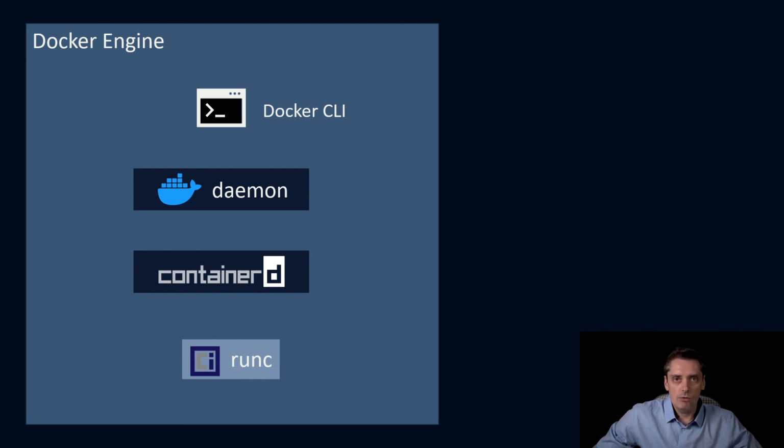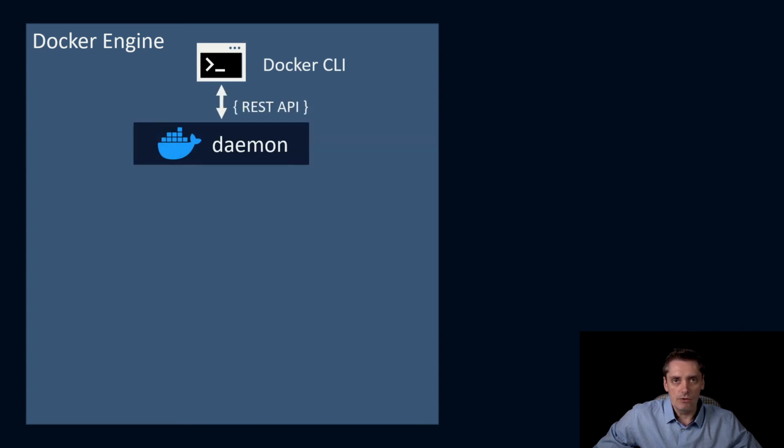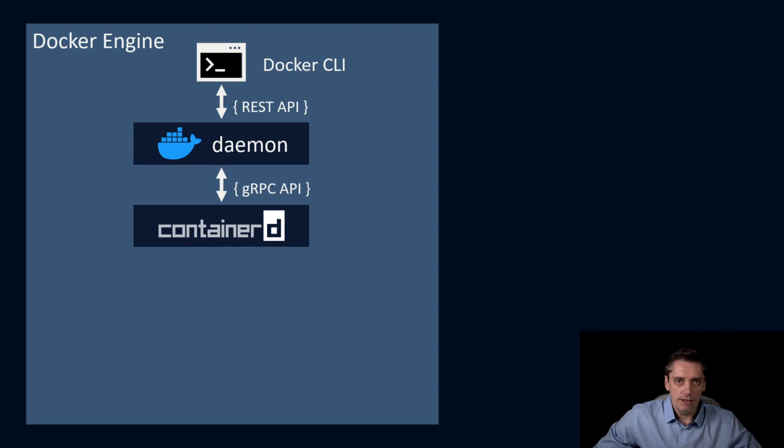So, if I want to run a container, I run a command using Docker CLI. It will send an HTTP request to a REST API of Docker daemon. Then, dockerd will do a call to containerd using gRPC, which is a powerful framework to work with remote procedure call.